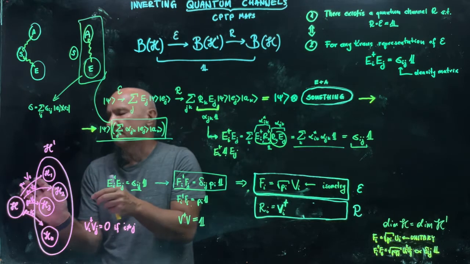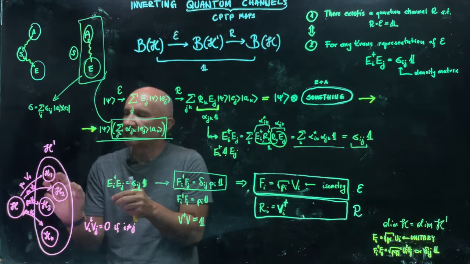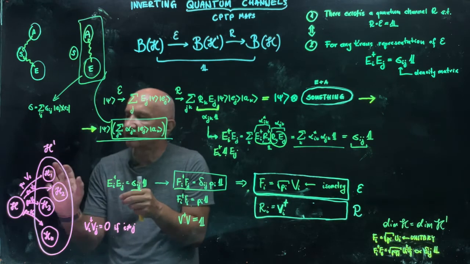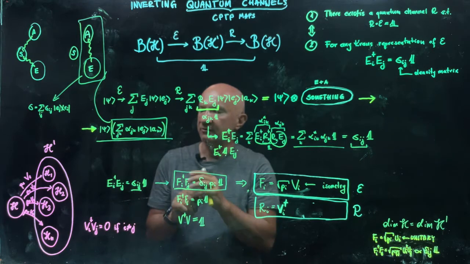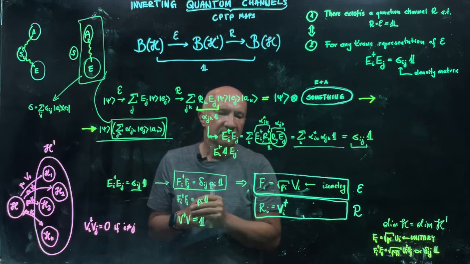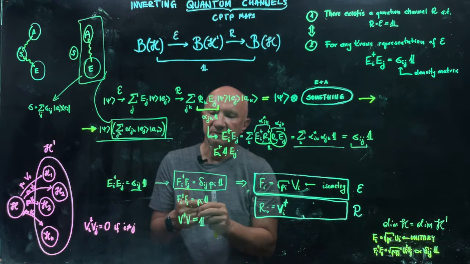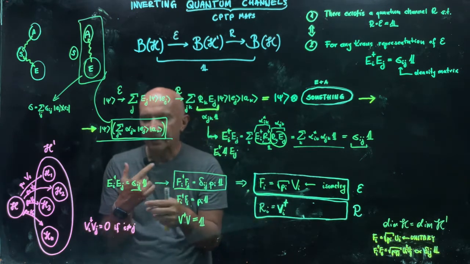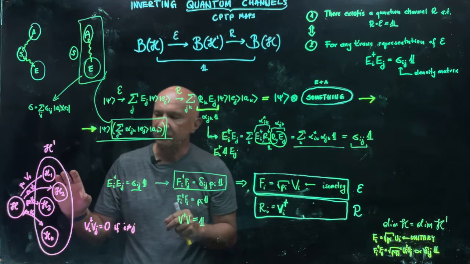So the images of H, being H1 under V1, H2 under V2, H3 under V3, are mutually orthogonal subspaces. Because of this condition here, right? If i and j are different, then the product of those two is equal to 0.